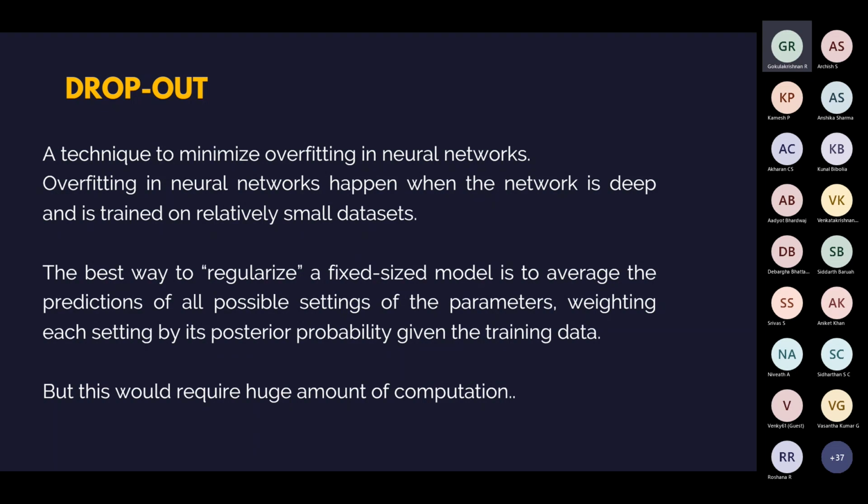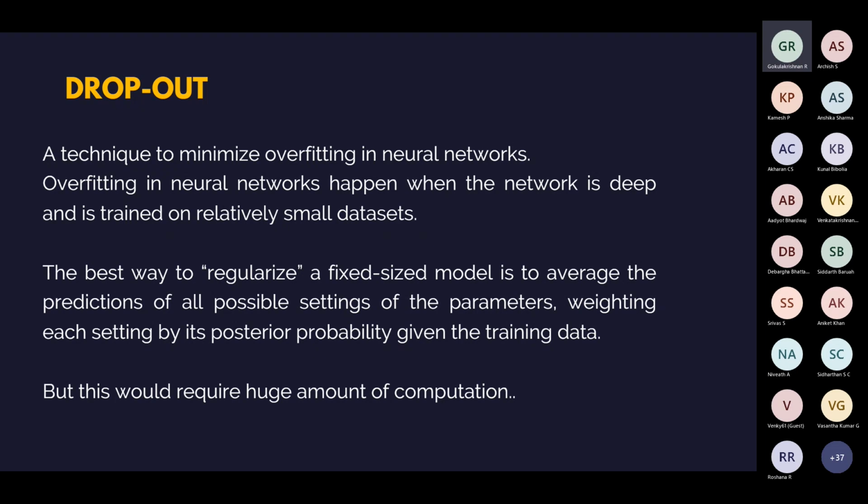While using dropout, we ensure two things. We ensure that the model is accurate and doesn't overfit, and we also ensure that the computational time is much lesser compared to before. Why is that?